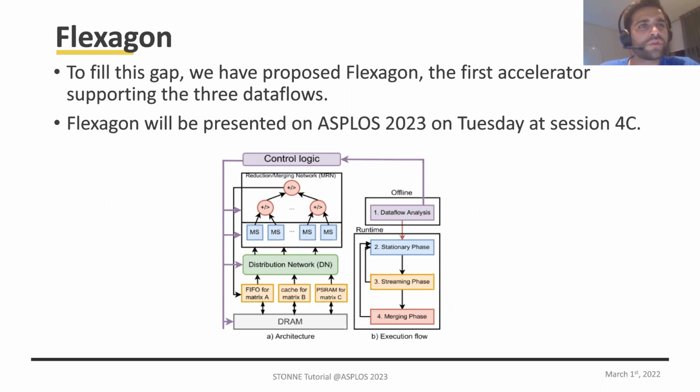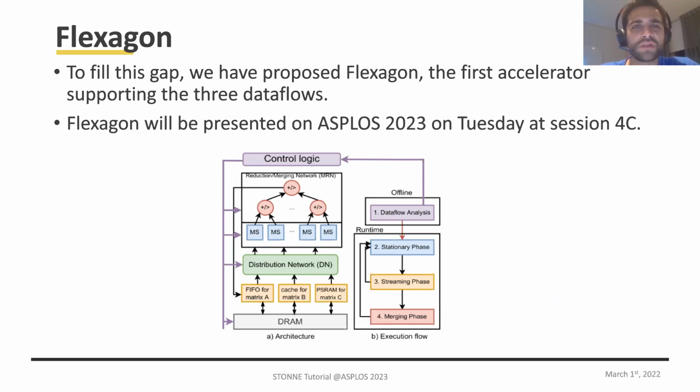Okay, so for this reason we came up with this idea of Flexagon, which is a new accelerator able to support the 3 dataflows: inner product, outer product, and Gustavson's. Actually, Flexagon supports the 6 variants: inner product M with the M loop in the outermost loop order, inner product N, outer product M and N, Gustavson's M and N. I'm not going to get into details.